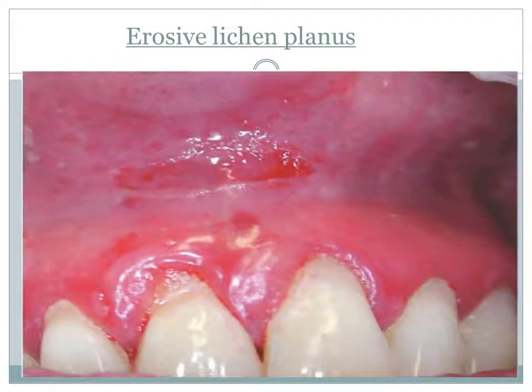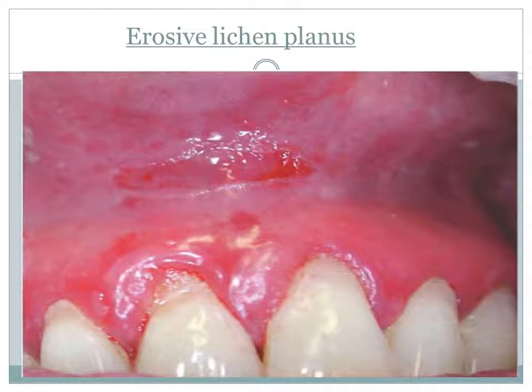Erosive lichen planus appears as irregularly shaped erosions, which may be covered with a fibrinous plaque or pseudomembrane over the erosion. This type is symptomatic and has a greater potential to undergo malignant change.